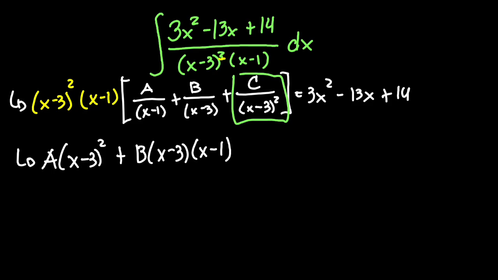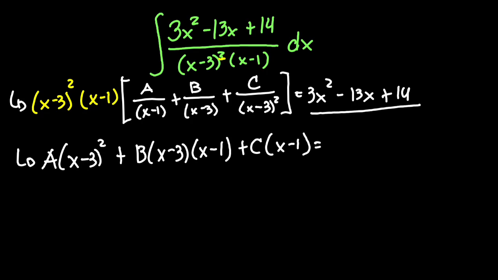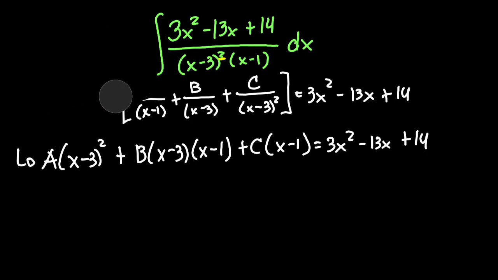You can see here that x minus 3 squared will cancel, leaving you with c multiplied by x minus 1. Now that we have that, just copy the rest. So this should be important later on.